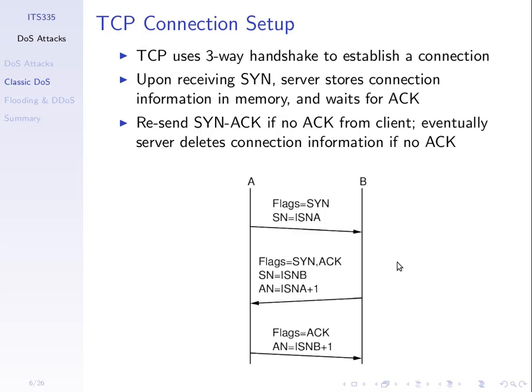When a client wants to connect to the server, in addition to exchanging these messages, the server in particular will store some information about that connection. The client says, I want to start a connection with you. When the server gets that first message, it will store some information saying who the client is, the IP address and port number, and maybe even allocate some memory for the upcoming data transfer, some buffer space.